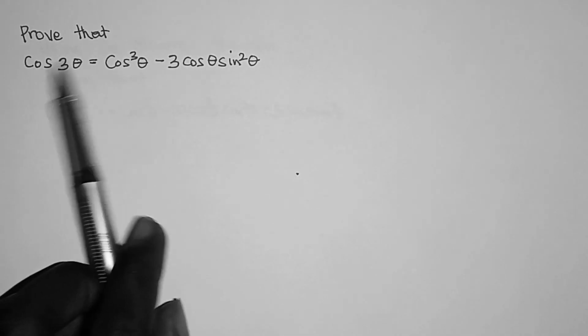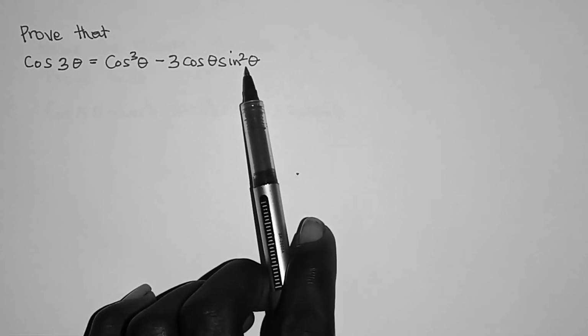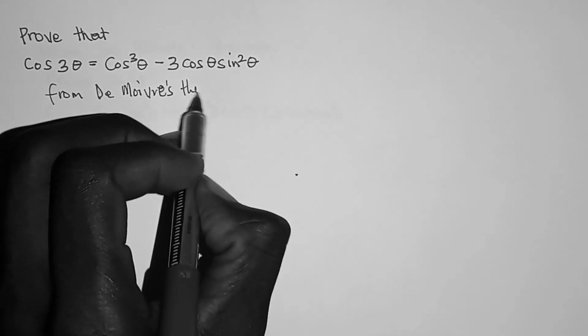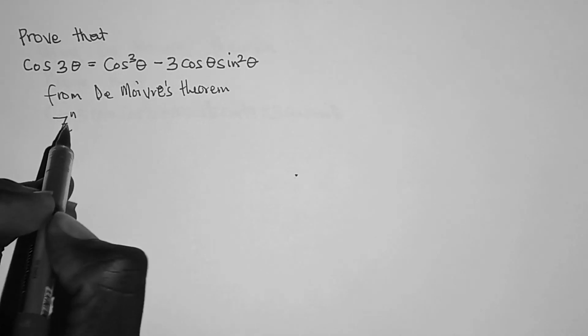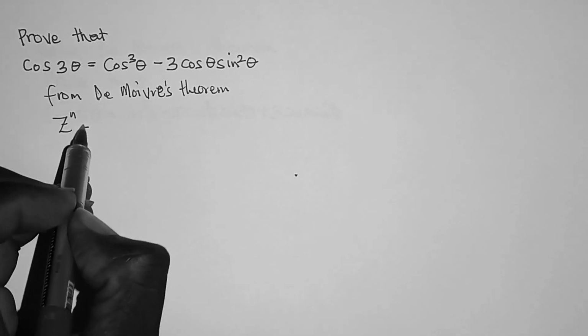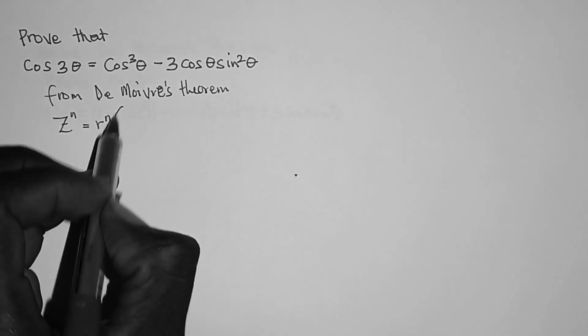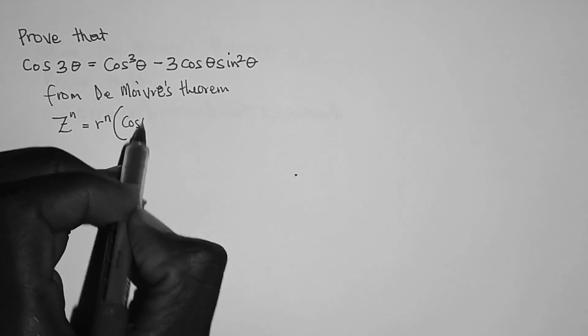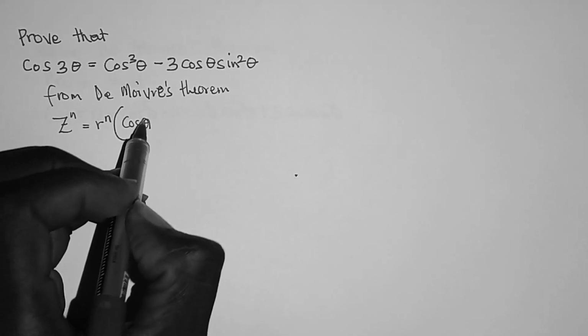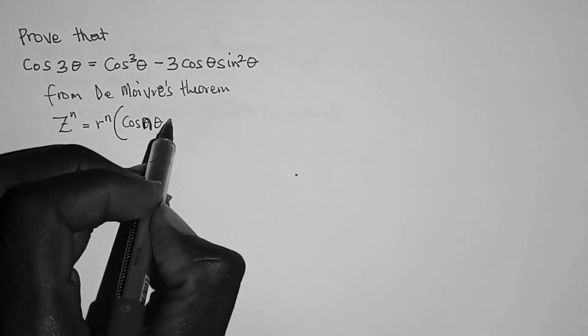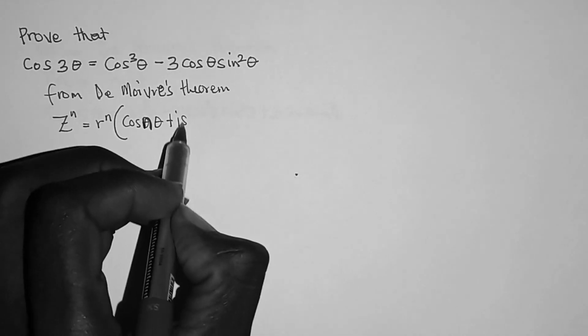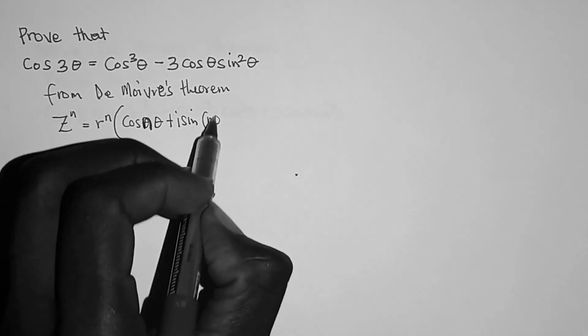Prove that cos 3 theta is equal to cos cubed theta minus 3 cos theta sine squared theta. So from De Moivre's theorem, z to the n is equal to r to the n times (cos n theta plus i sine n theta).